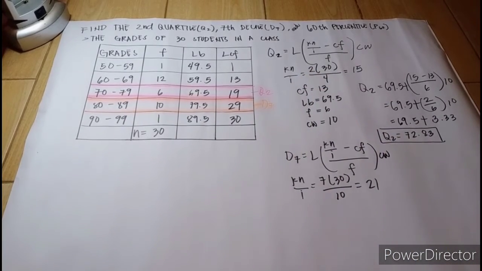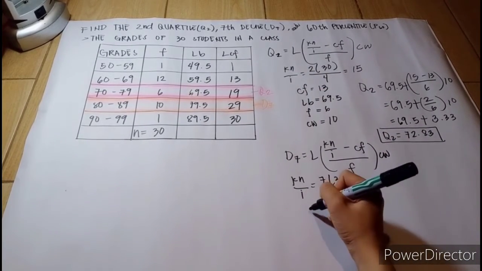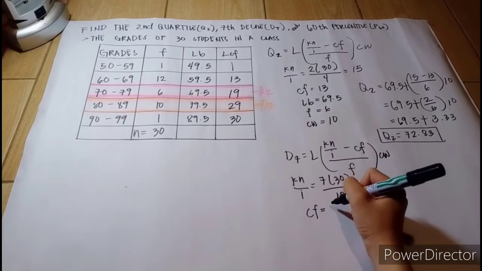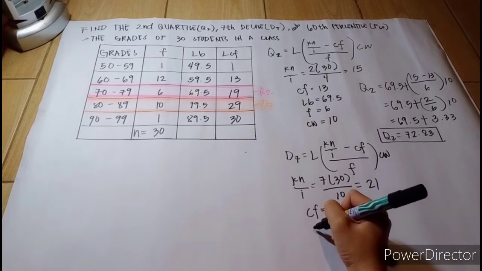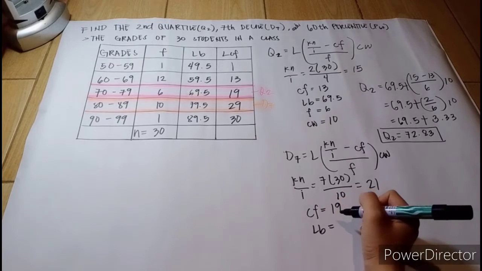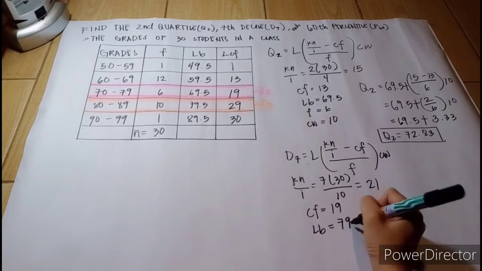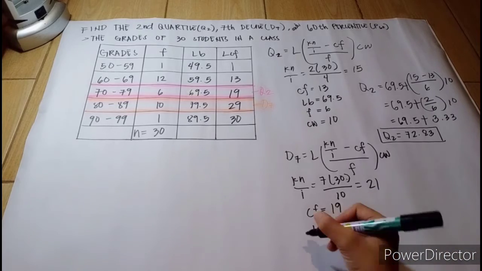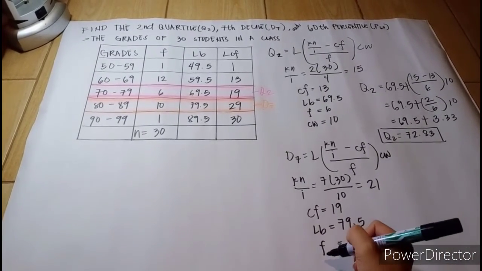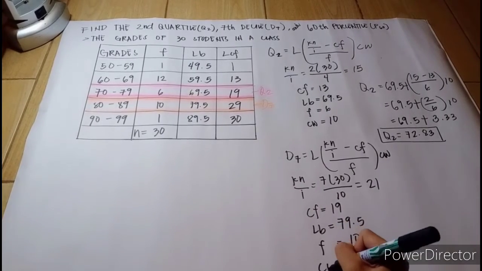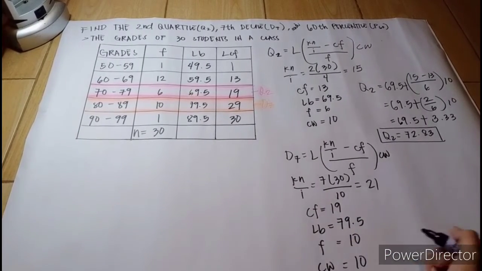So our CF is 19. The lower boundary is 79.5. Frequency is 10 and the CW is 10.